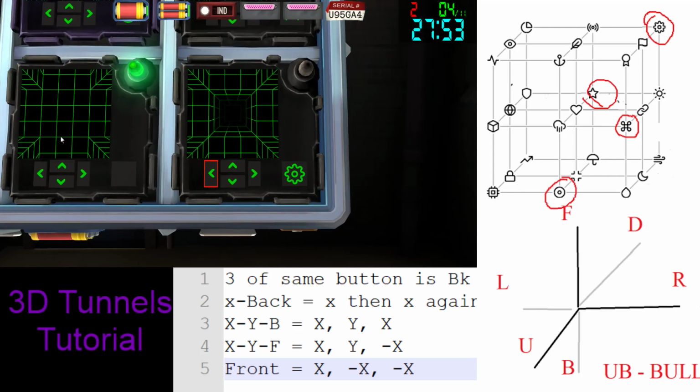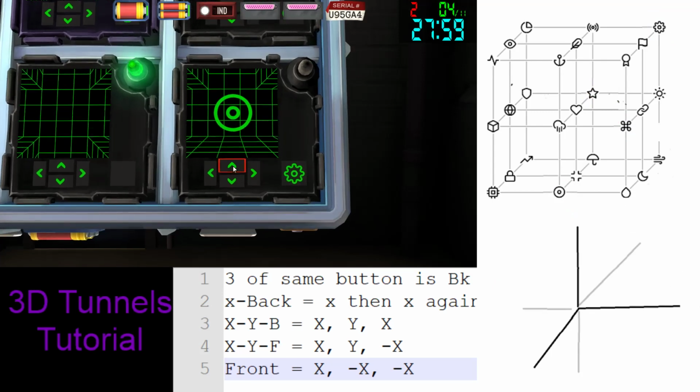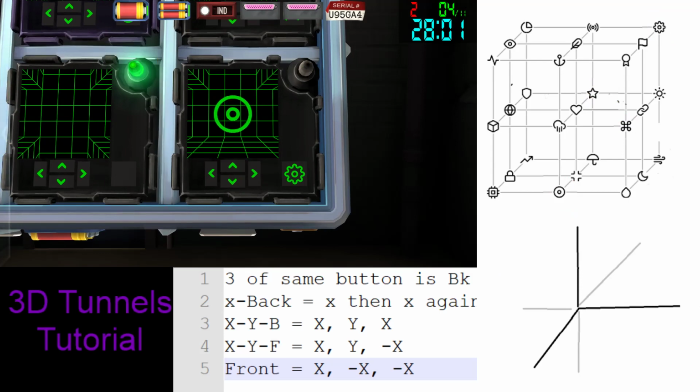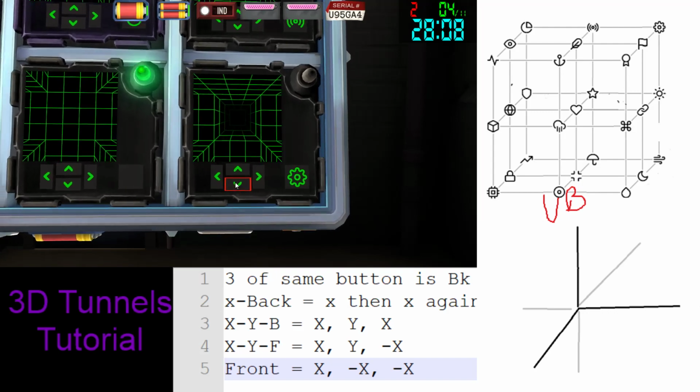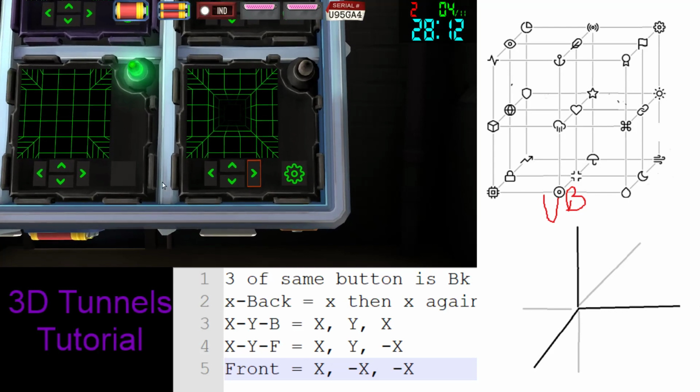So one last one, just to really hammer it home. But I think you're getting the idea. I think this should be pretty clear at this point. Up, up. 2 ups is bullseye again. This is up, back. Screw it, I'm just going to doodle it. Right is the chain, so that's right. That's left.